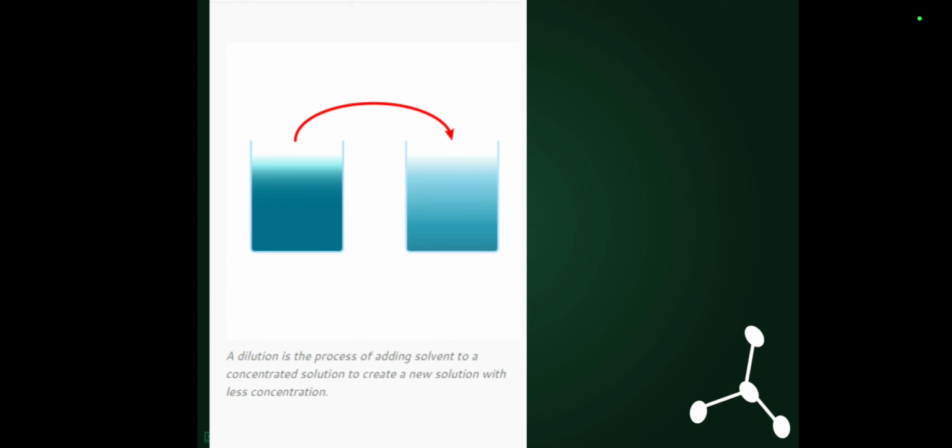Okay? A dilution, as the statement below says, is the process of adding solvent to a concentrated solution to create a new solution with less concentration. That's what I'm saying. There is a new solution but the concentration is lesser, because you will be adding a solvent. Okay?